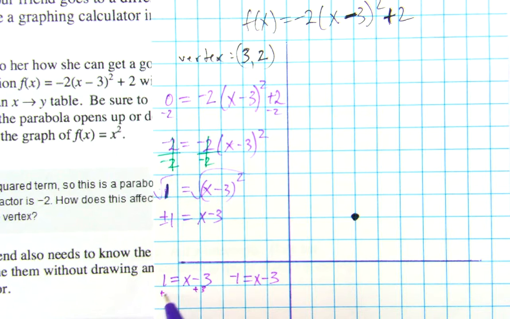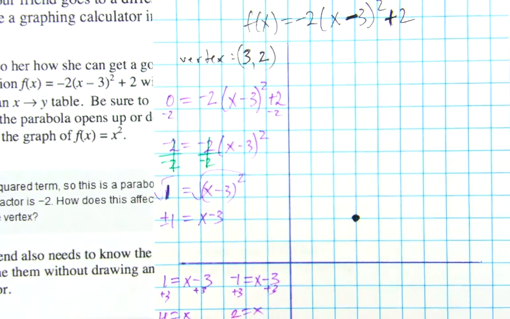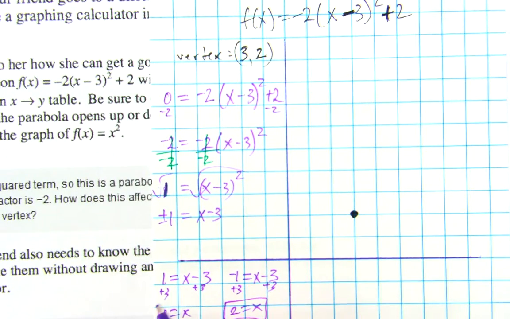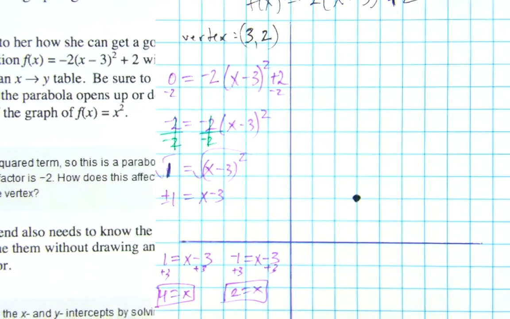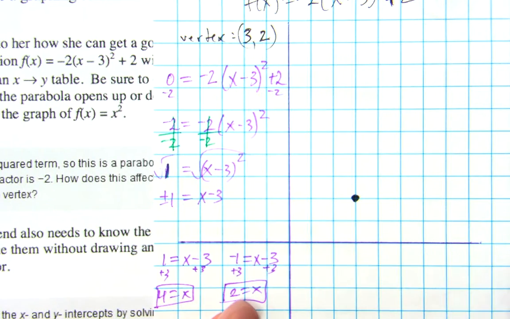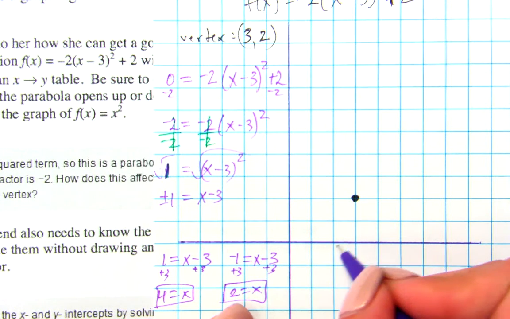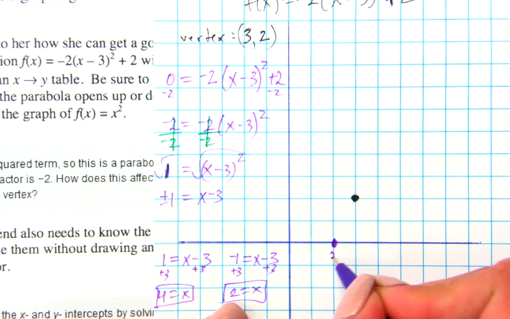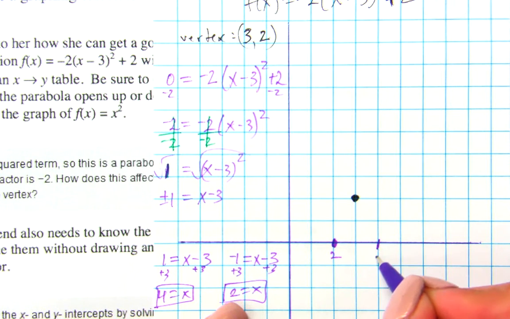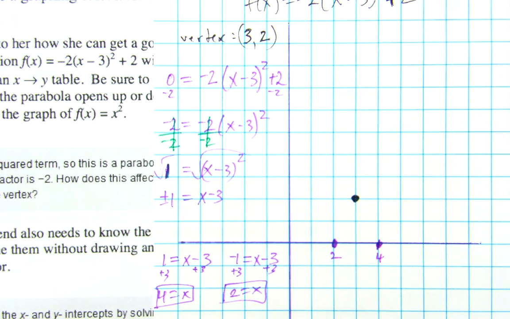So you get 4 equals x, and 2 equals x. If you have no idea what I'm doing, then that's not good. So you should get x equals 4, x equals 2. Now I know for a fact that it's going to hit at 2 and it will hit at 4. I think I did that right. Yep, I think we're good.